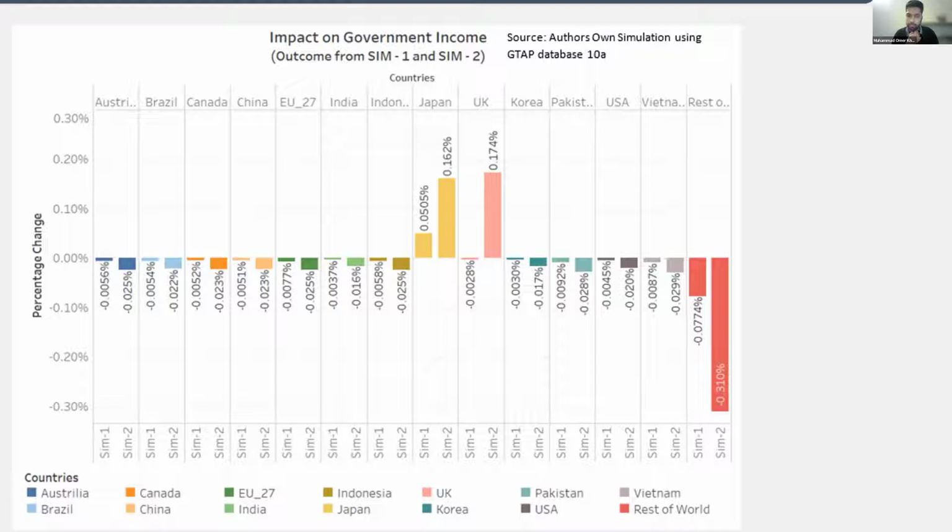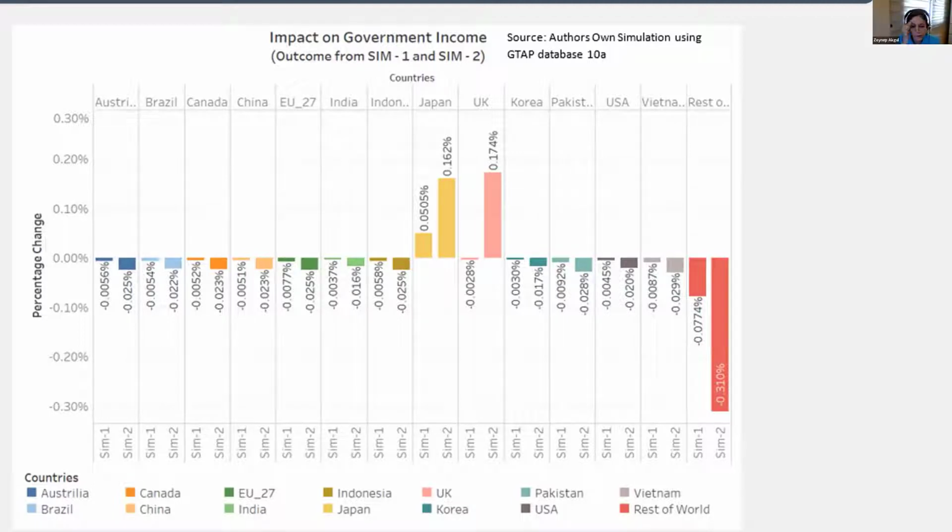At the same time, as I discussed, this model is a global model, so we have also checked the impact on other countries. Other countries include developing countries as well as developed countries, and also rest of the world, which are aggregated.